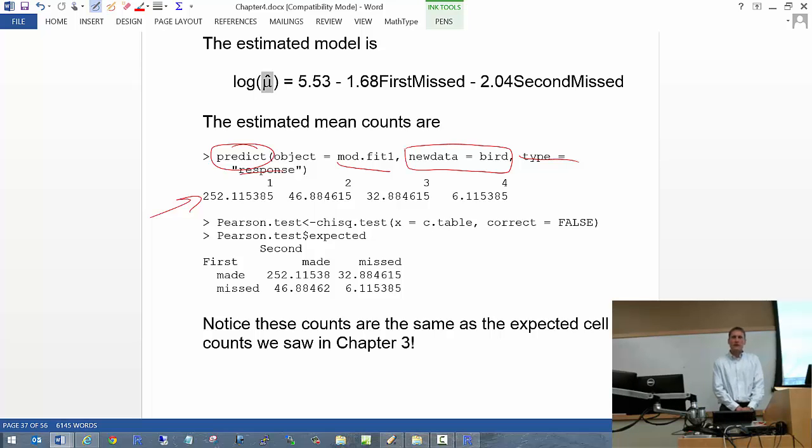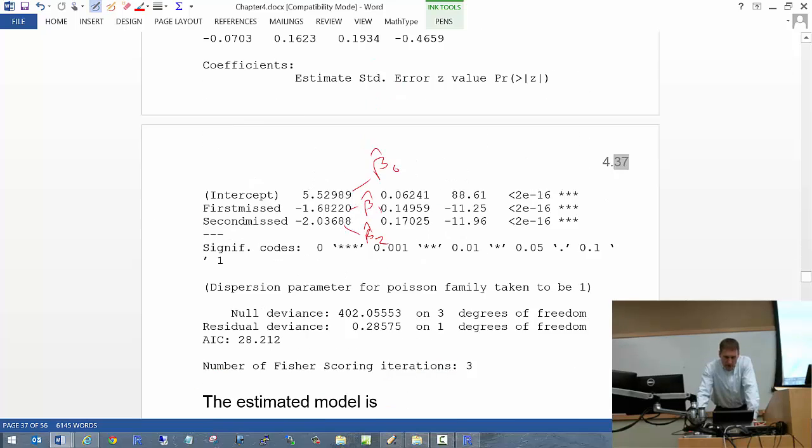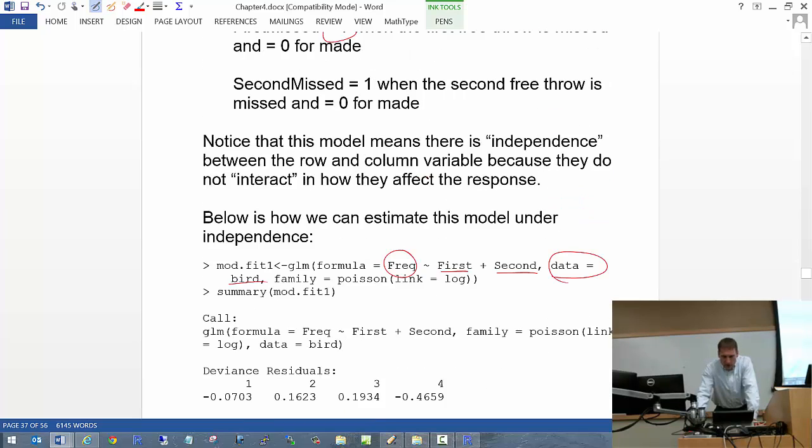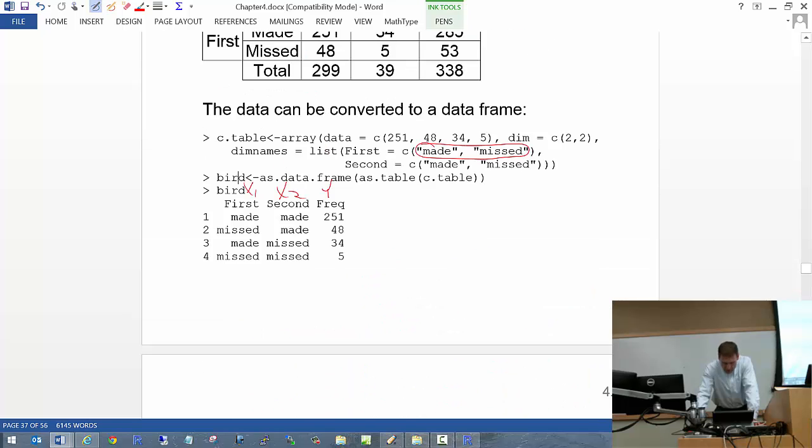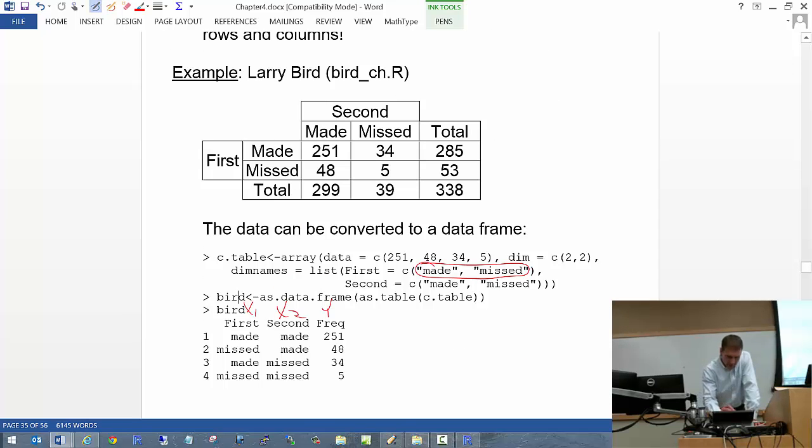Okay. Now, reviewing some stuff that we learned in section 1.2 and also chapter 3. Back then, we said, well, if I want to know what this particular cell count would be if I had independence, what would I have done?